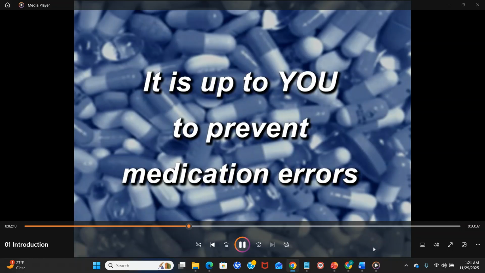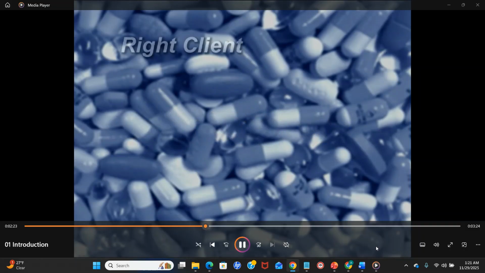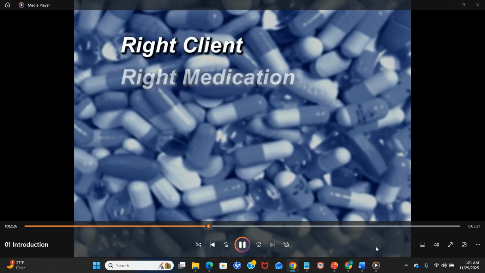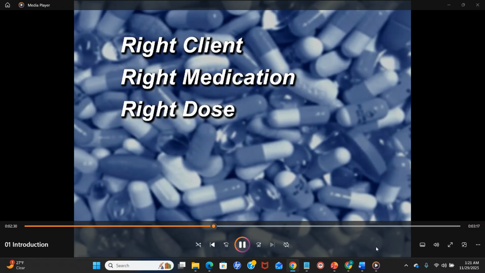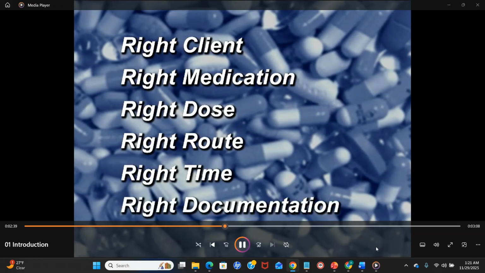To help ensure this, you must always follow the 6 rights of medication administration. Following the 6 rights means that every time you give medications, you are making sure you have the right client, give the right medication, give the right dose, use the right route, give the medication at the right time, and provide the right documentation.